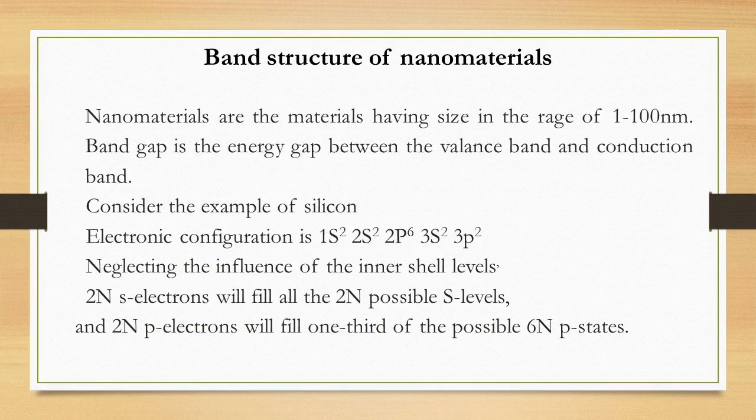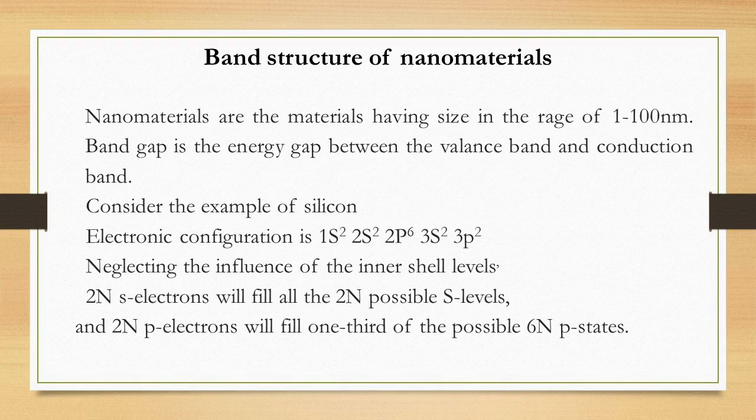Next, let us see what the band structure of nanomaterials is like. Basically, nanomaterials are materials having a size range of 1 to 100 nanometers, and the band gap is the energy gap between the valence band and the conduction band. That is the definition.